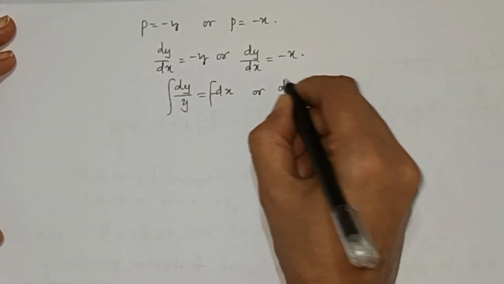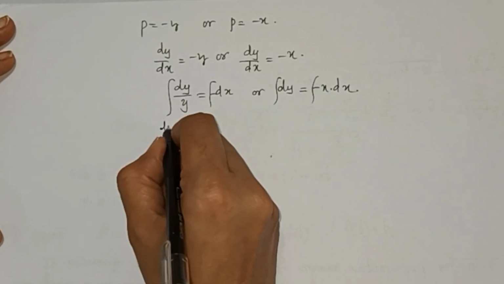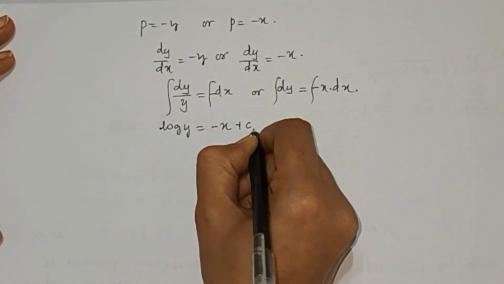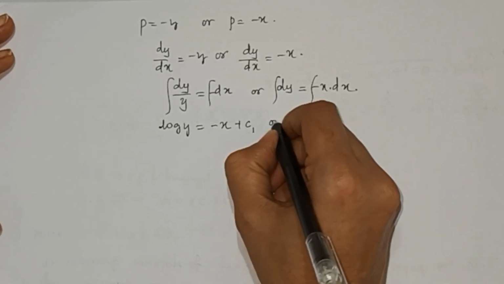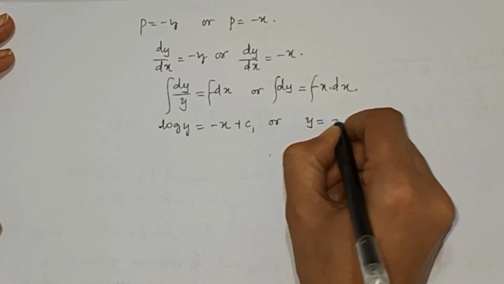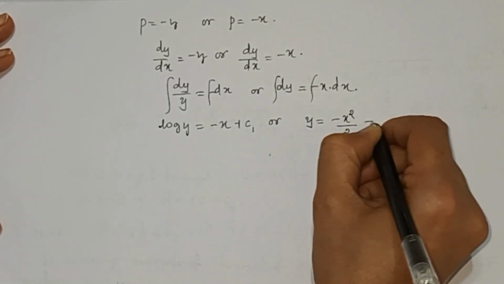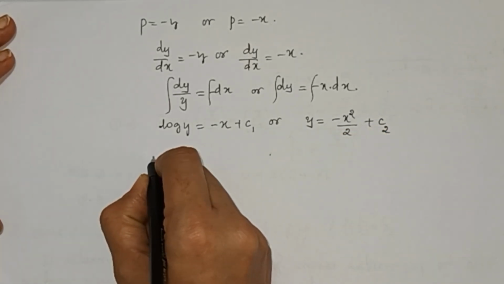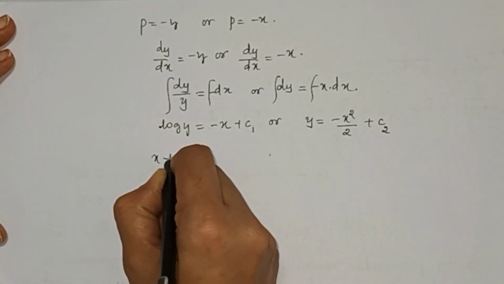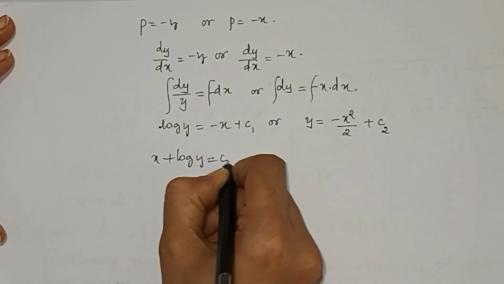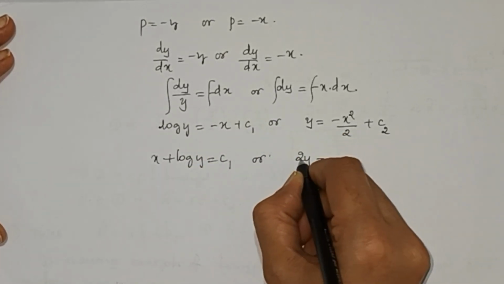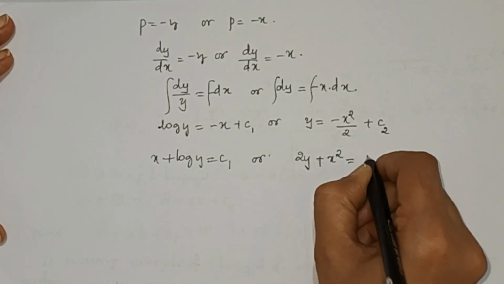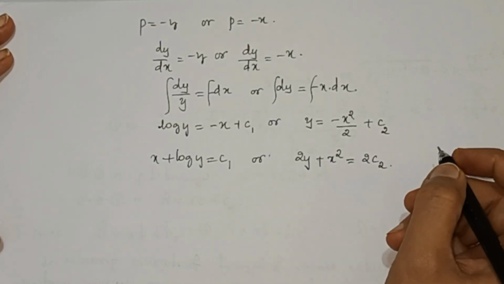Integrate on both sides. You will get here log of y equal to minus x plus c1, some constant of integration, or here y equal to minus x square by 2 plus c2. So this is nothing but x plus log of y equal to c1, or here 2y plus x square equal to 2c2.